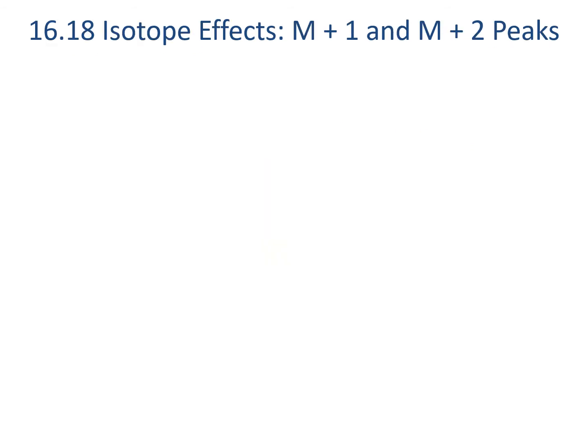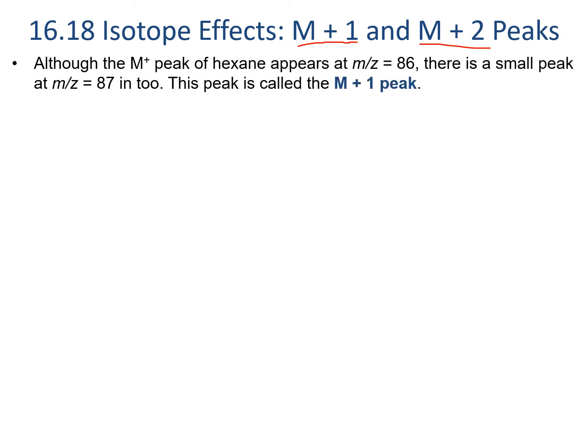In addition to fragmentation, which we'll actually talk a lot more about in the next set of slides, we can get some important information from the mass plus 1 peak, which has to do with carbon-13 isotopes mostly, and the mass plus 2 peaks, which have to do with halogen isotopes mostly.